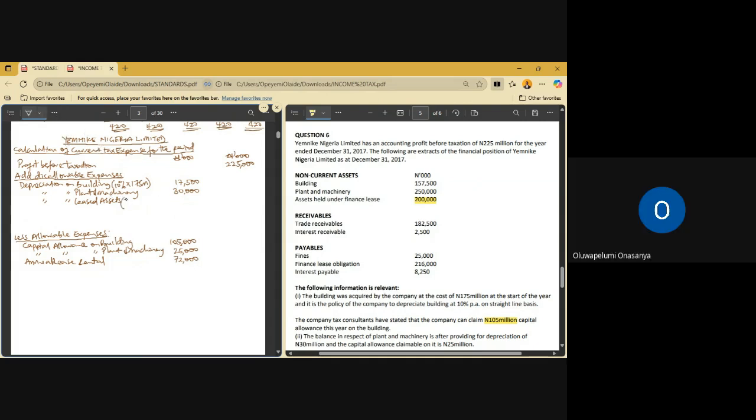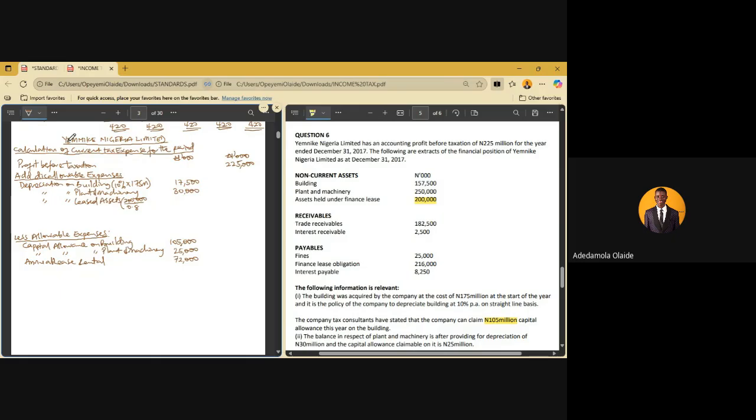Because the 200,000 they give us in the statement of financial position is the carrying amount, and if they are charging depreciation at 20% per annum, then the carrying amount would have been what? Just 80%, because they've only charged 1 year of depreciation.